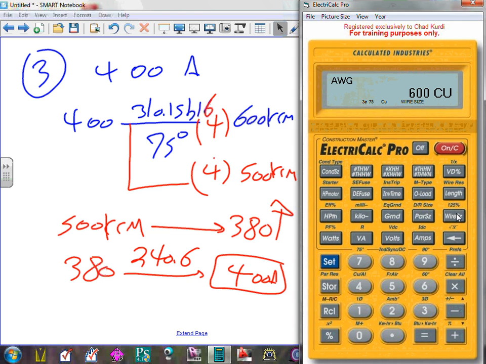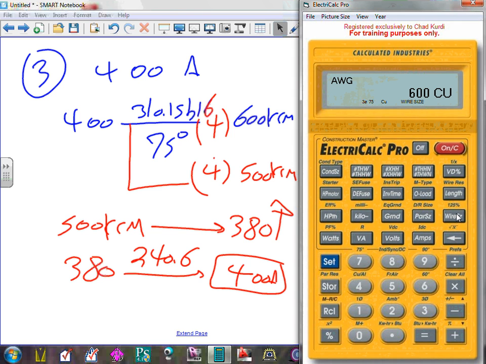310, neutral. I'm sorry, the one that talks about the neutral doesn't count is actually on page 152. Does that help you? Yours is different. It should be 310.15(B)(4).